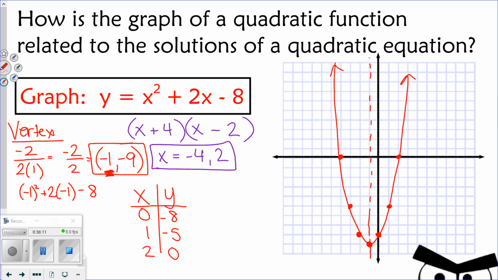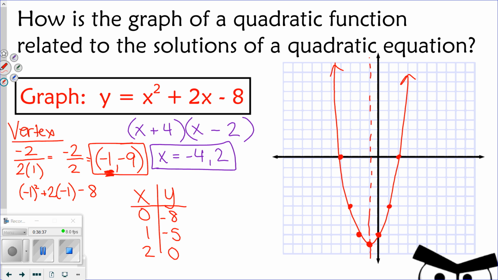Can anyone find the relationship between the graph and the answers? It's staring you in the face right now. Corey? The left and the right of what?